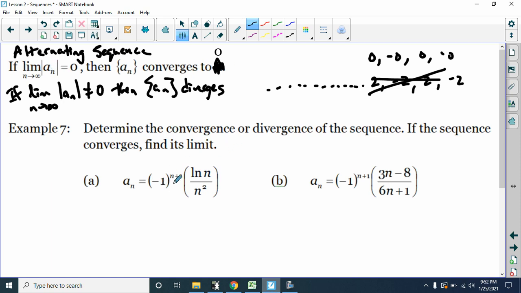So on one like this, first thing you would do is recognize that this is alternating, because we have the -1 to the n plus 1. So we want to evaluate the limit as n goes to infinity without the absolute value. Use L'Hopital's rule.